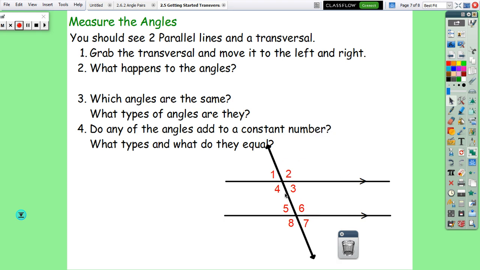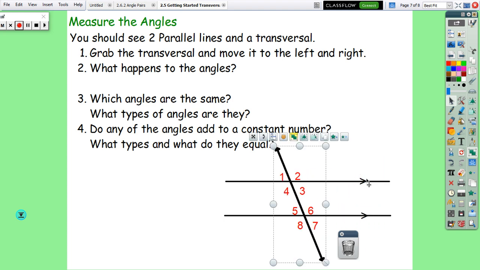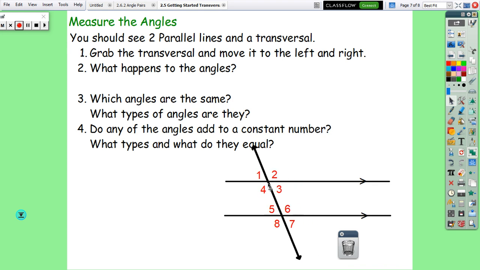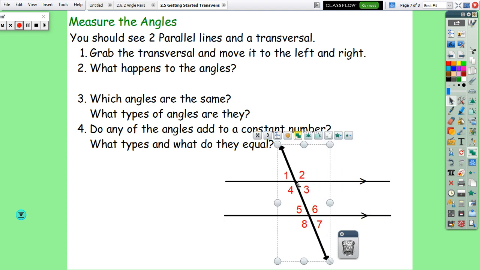However, when we come over here and we move this transversal back and forth between the two parallel lines, and you'll notice that they're parallel because they've got the markings on them showing that they're parallel, these angles are staying exactly the same. So angle 1 is the same every single time. Angle 2 is the same every single time. Okay?